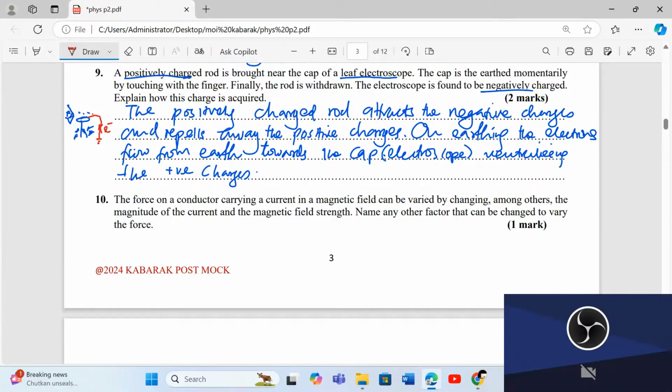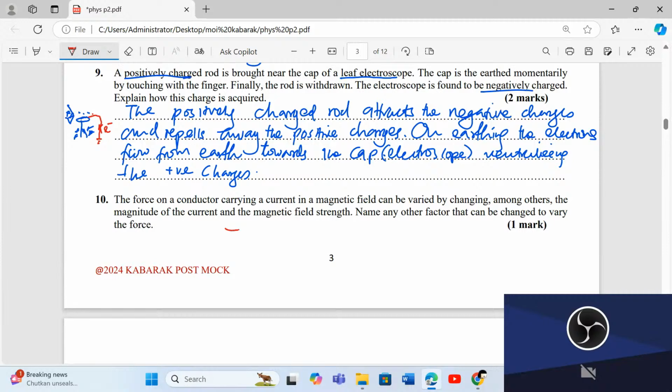The force on a conductor carrying current in a magnetic field can be varied by changing, among others, the magnitude of the current and the magnetic strength. Name any other factor that can be changed to vary the force.